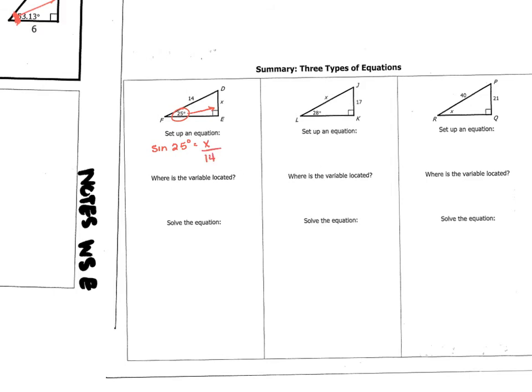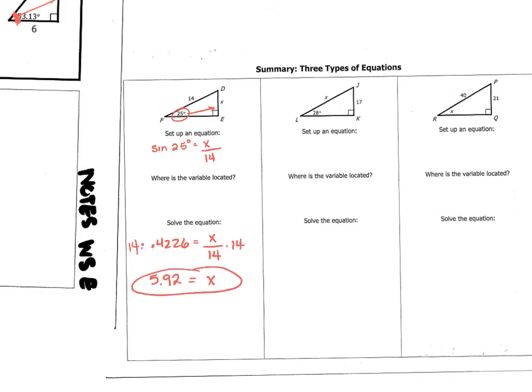And then I'm just going to solve. So the sine of 25 degrees is 0.4226, which will equal x over 14. Multiply both sides by 14, and I get that x equals 5.92.